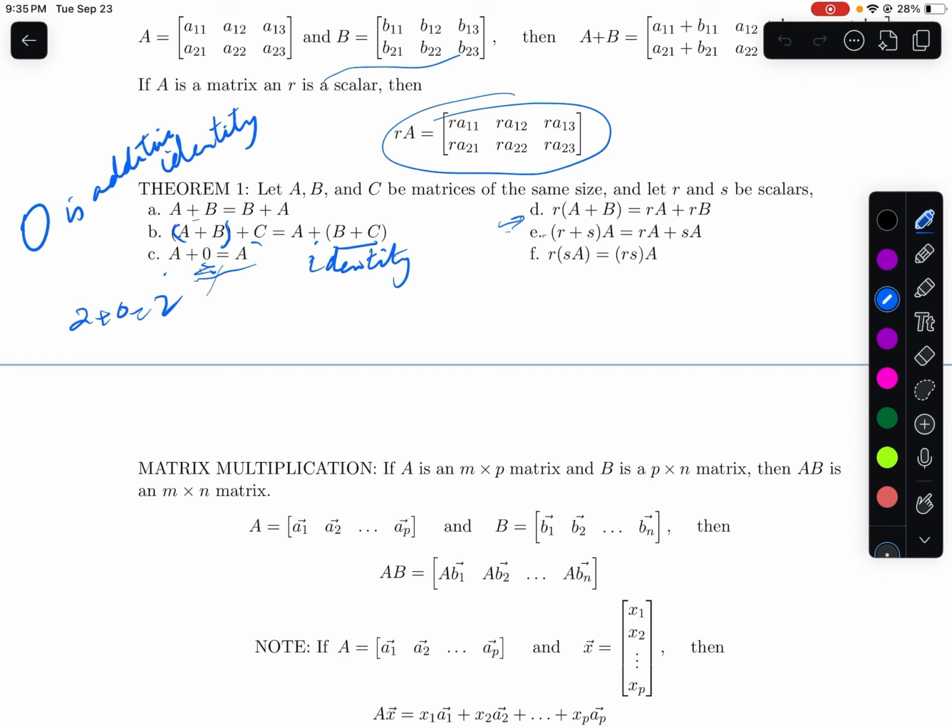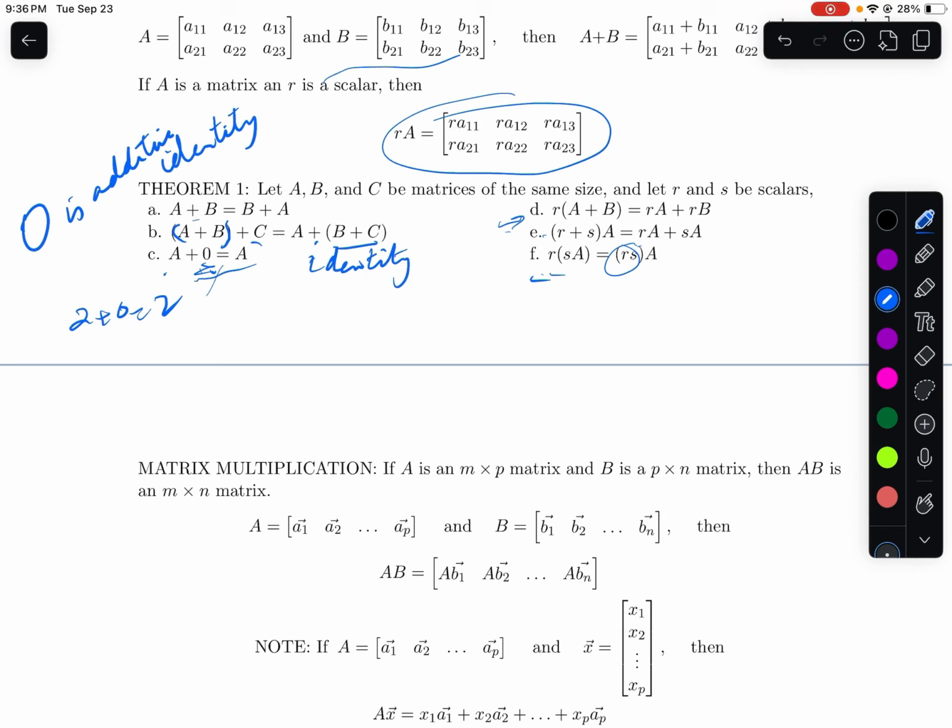Then we have R times SA is equal to R S times A. If you have two scalars and you multiply your matrix first by one scalar and then multiply the result by another scalar, you get the same thing as if you multiply the scalars together and then multiply with the matrix.